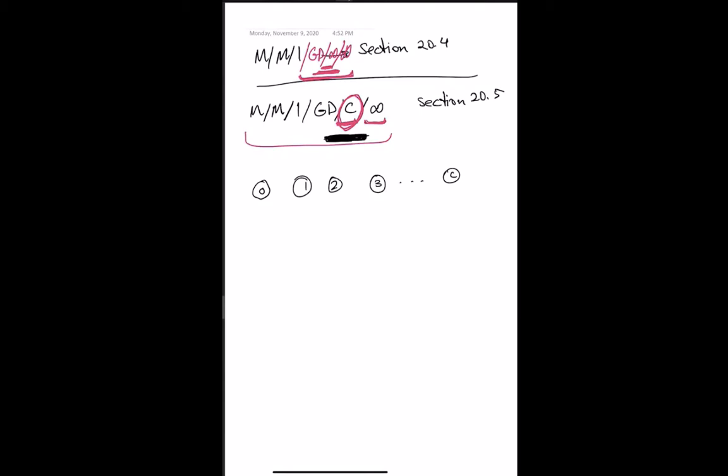And then we also assume, again, that the rate of arrival to the system has nothing to do with how many people are in the system. No matter how many people are in the system, the rate of arrival is lambda, and the rate of departure is mu.